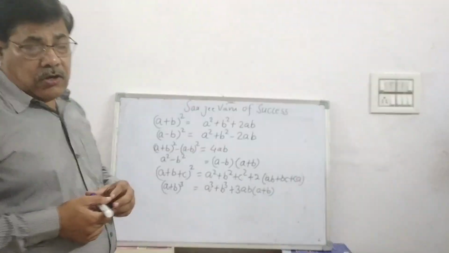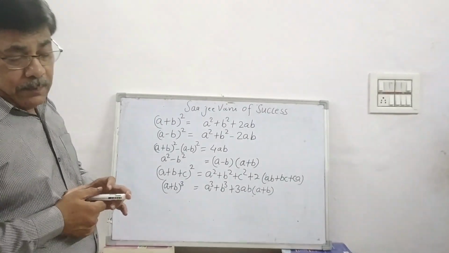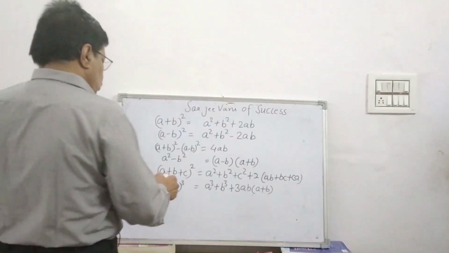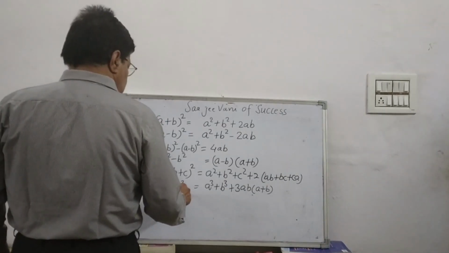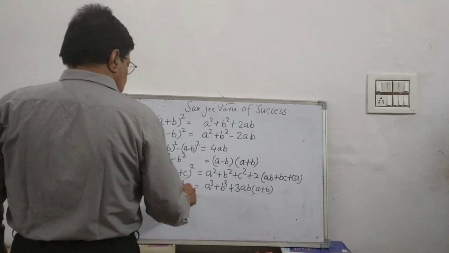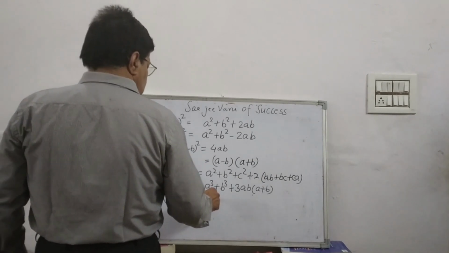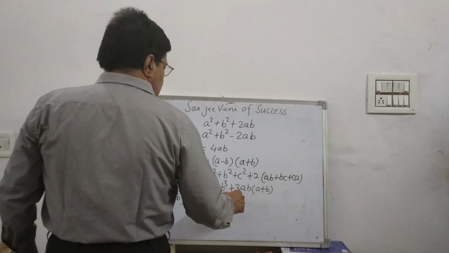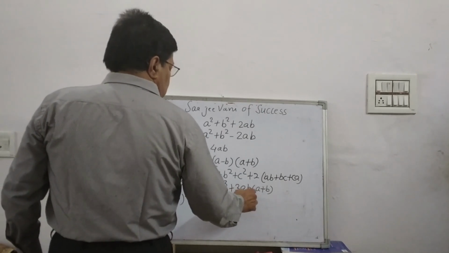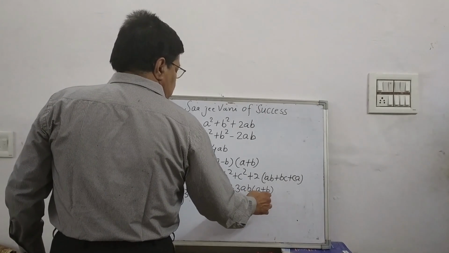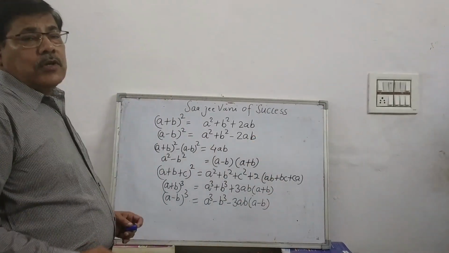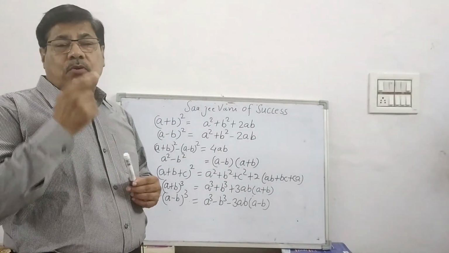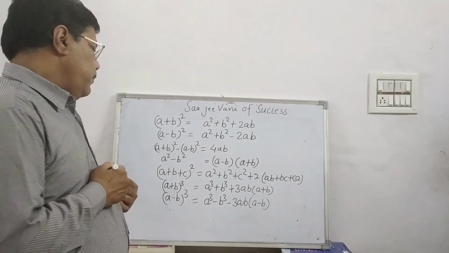Now the expansion of a minus b whole cube. This will be a cube minus b cube minus 3ab, then a minus b. These formulas should be on your tips, okay, so that you can easily apply them.